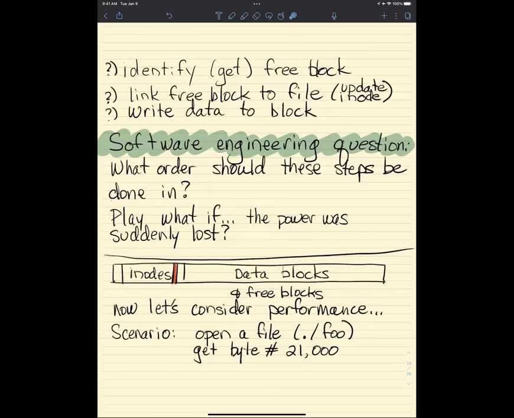Now turn your palm around like this and hit yourselves. If it's an allocated block, it must be part of a file, right? Now why couldn't anybody say file?